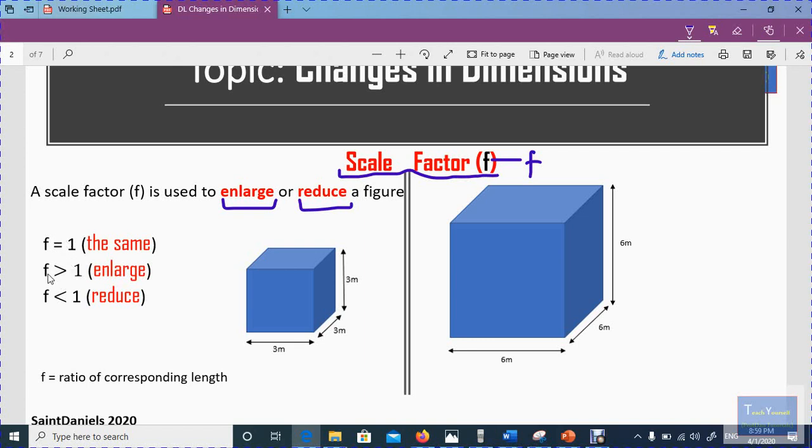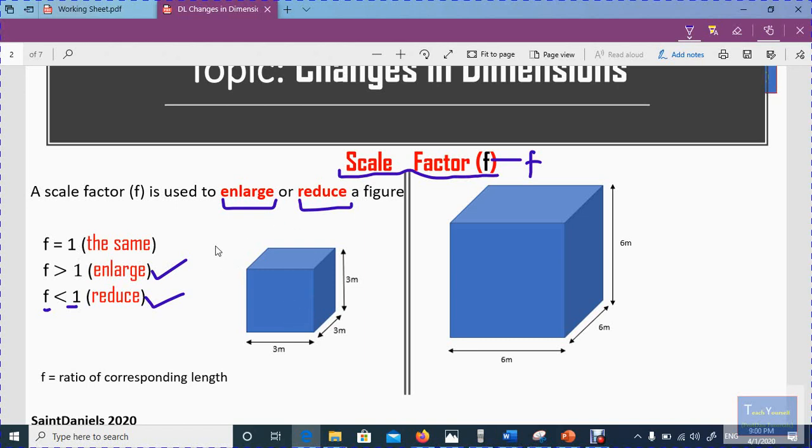When the scale factor is greater than 1, for example 2, 3, or 4, it means that the figure is going to enlarge. If the scale factor is less than 1, maybe 1 over 2, 1 over 3, or 0.5, it means that the figure is going to reduce. When the scale factor is 1, nothing changes. The figure will remain the same.